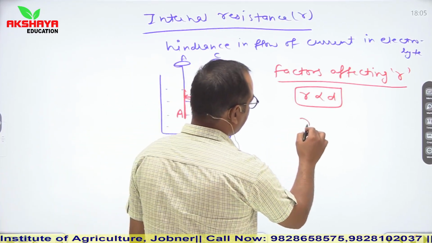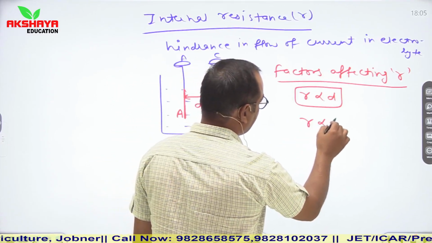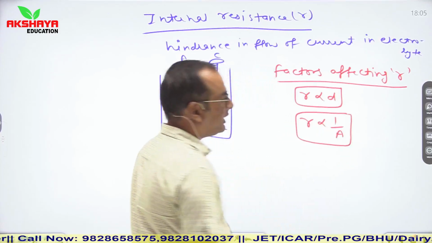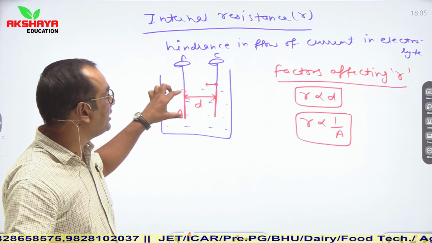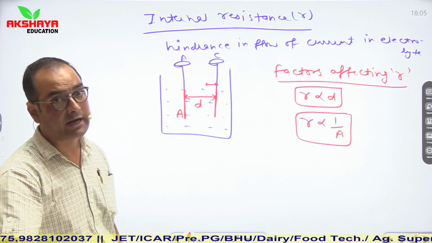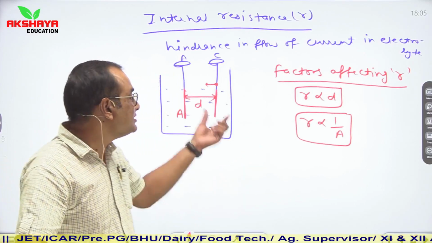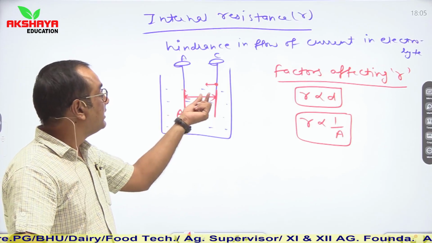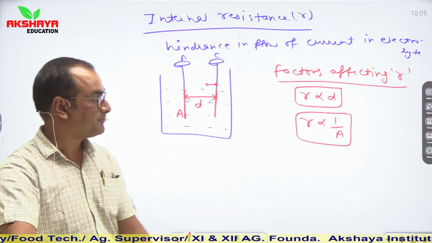So if we say that area of cross section is A, then we can say it is reciprocal. It means larger the area of electrode dipped into this electrolyte, smaller the value of internal resistance, because this charge can be collected at anode with speedy pace.